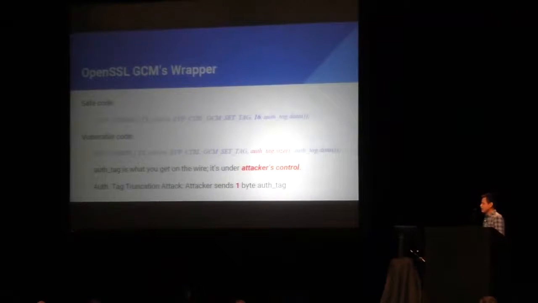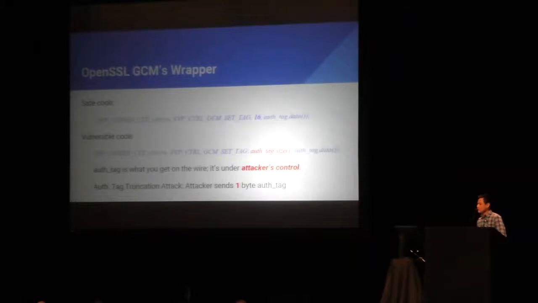So basically, I looked at one of the OpenSSL wrappers, because we now don't want people to use OpenSSL directly. So we write OpenSSL wrappers, and someone wrote this one. You know, the safe OpenSSL API allows you to configure the expected length of the authentication tag. So the safe way is to say, hey, I want only a 16-byte authentication tag, or maybe 12 bytes, depending on the application.